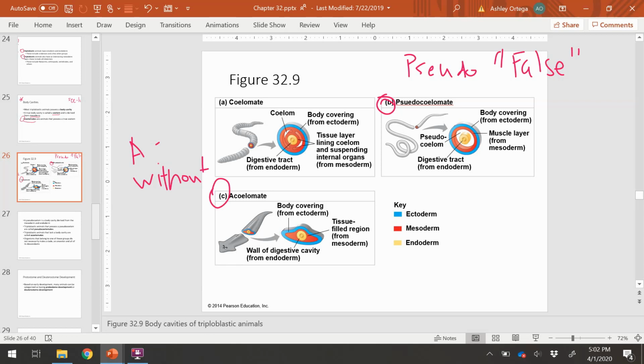If you see that flatworm body, they have the ectoderm, the mesoderm, and then endoderm. The mesoderm doesn't have a body cavity or opening, and that makes it an acoelomate. We'll see these words in the next chapters, and I just want you to understand them now, that way when you see them, it's something you're familiar with.